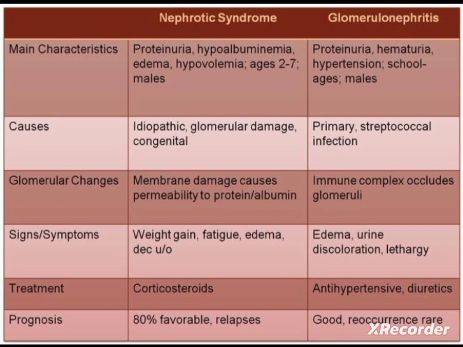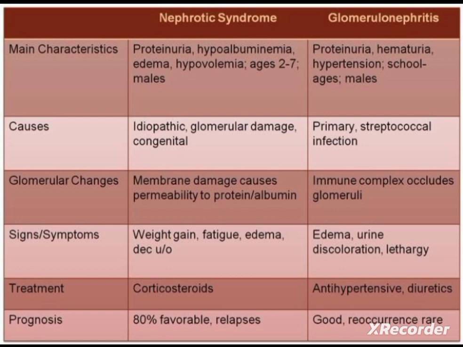Then edema: anasarca, generalized edema, can sometimes be seen. Facial puffiness you can surely see in nephrotic syndrome. Then hypovolemia, that is, decreased volume level. So those are the main characteristics of nephrotic syndrome.